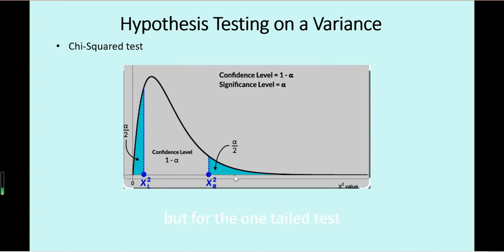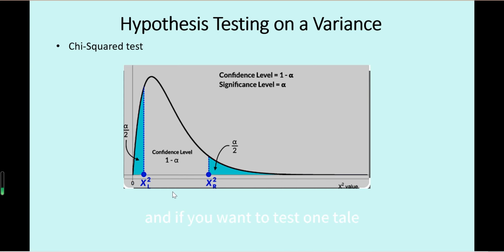and this critical value is chi-square at half alpha. But for the one-tailed test, if you want to test whether the variance is larger than a specified value, then this area will be white. Here is alpha. We just look at whether the test statistic is located in this critical region, and this value is chi-square alpha.